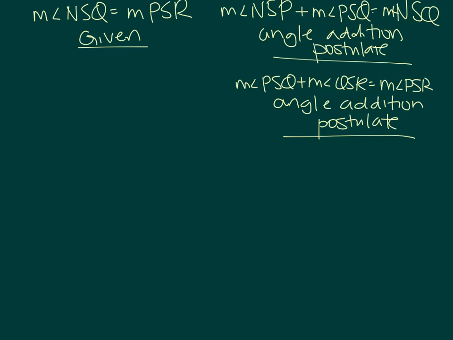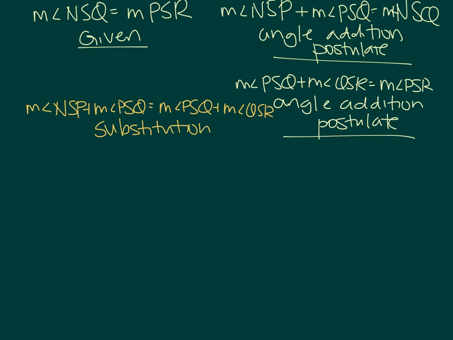Alrighty, so now I see here I have NSQ, PSR, NSQ, PSR. So I can plug this and this in for their respective quantities over here. So I'll do that in a different color. So we have the measure of angle NSP plus the measure of angle PSQ equals the measure of angle PSQ plus the measure of angle QSR. Okay, and that's just by substitution.